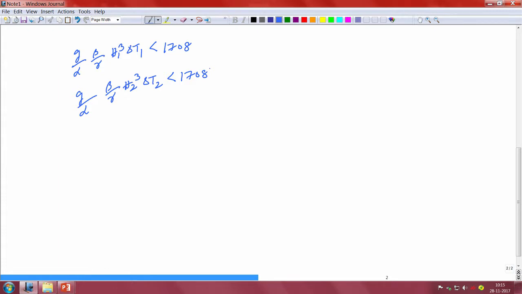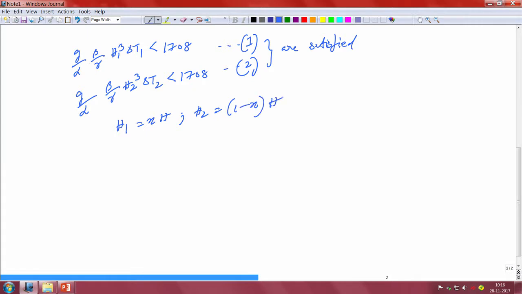If these two conditions, let us name them 1 and 2, are satisfied, then the convection is suppressed in the entire layer, and there will be no convection in the overall system as well. So, we substitute the formulas for H1 and H2. If you recall, H1 was x into H and H2 was (1 minus x) into H. You substitute them over here.